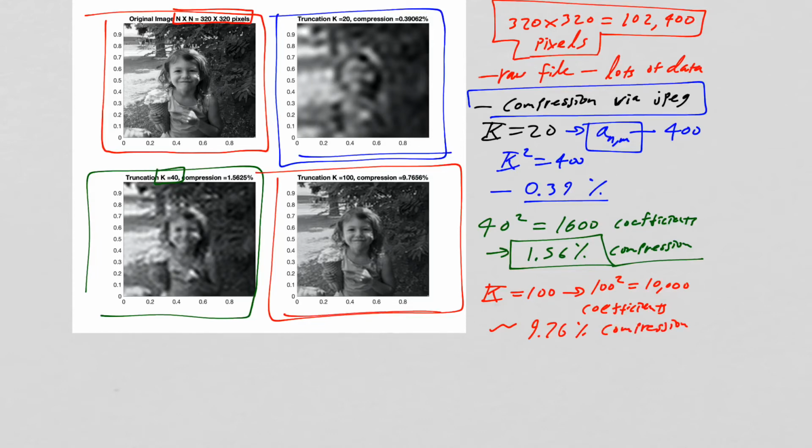And at this point, the image is pretty darn good. Okay, it's still not perfect, yet it's only cost us 10% of the data, roughly speaking, compared to the original image, and we have a pretty good thing. You could probably tell that if I went to a K equals 200 or 300 or something like that, you probably couldn't even tell the difference at that point.